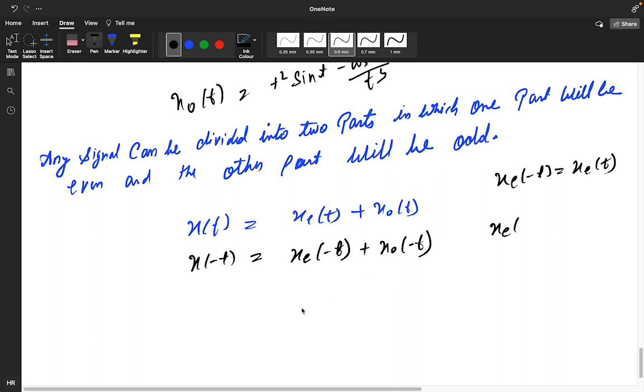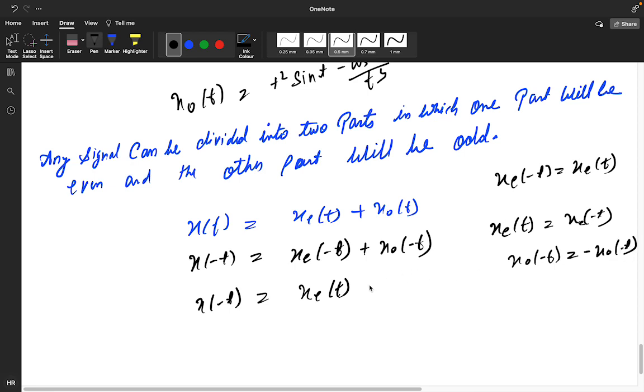But in a signal, we know x e of minus t is x e of t, meaning the even signal will be the same. But what about this? x naught of minus t will be equal to minus x naught of t. So we can write minus x naught of t. This is your equation 1. This is your equation 2.